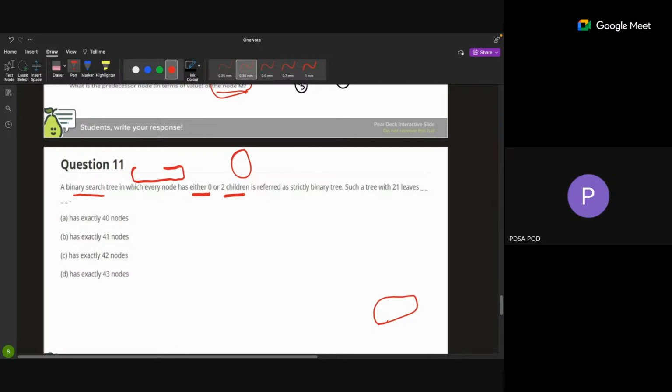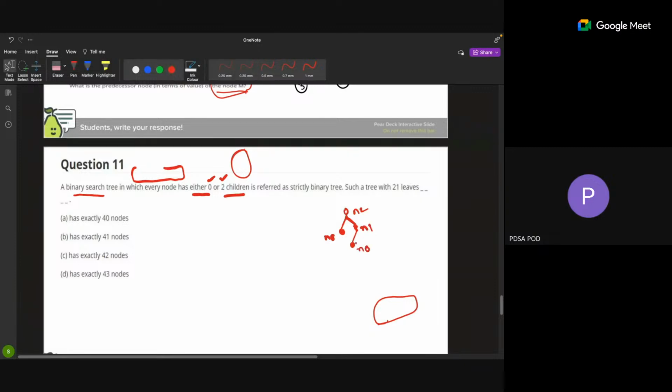Every node has either 0 or 2 children. They don't have a chance of having a tree node with 1 child. For example, we don't have the tree like this. This kind of tree is not there because this is N0, this is N2, this is N1, this is N0.